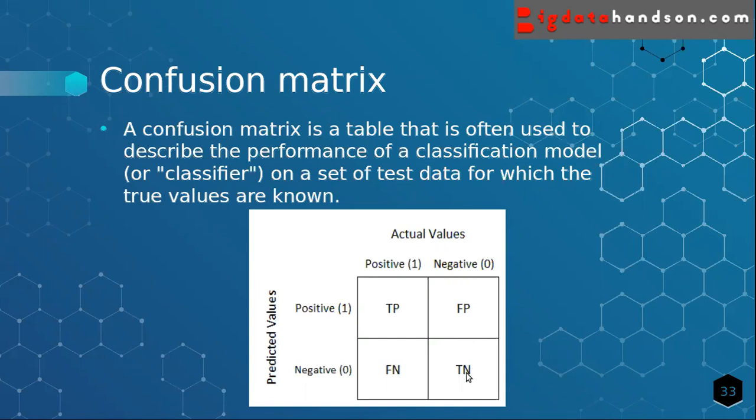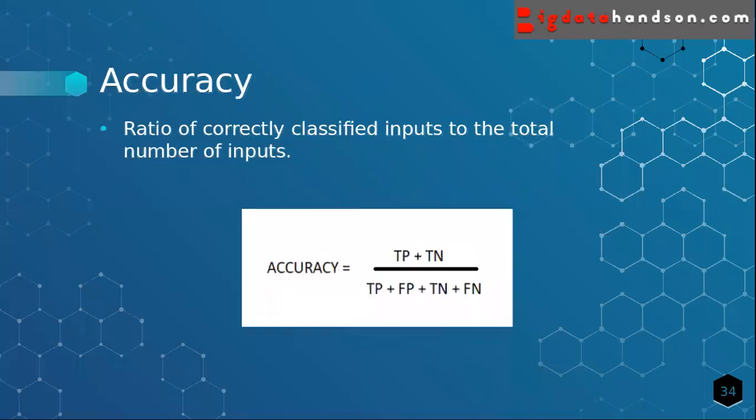Okay, so how will you tell the accuracy? How can you tell that using the confusion matrix? We can find the accuracy using the confusion matrix like this.